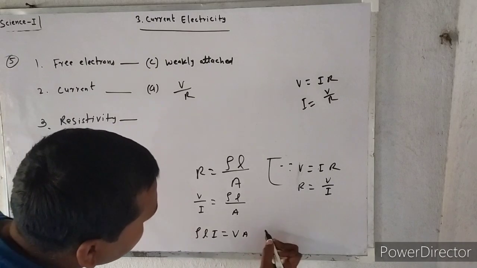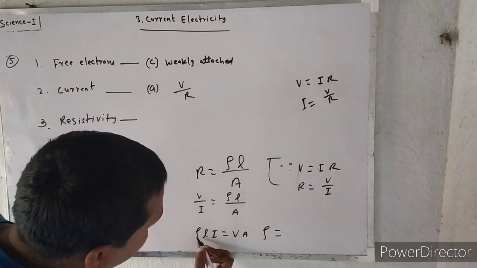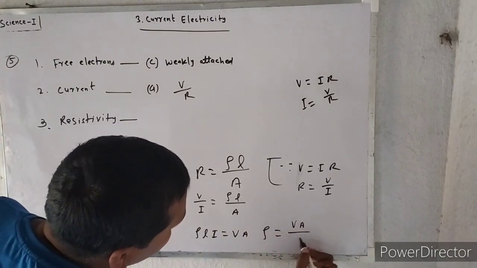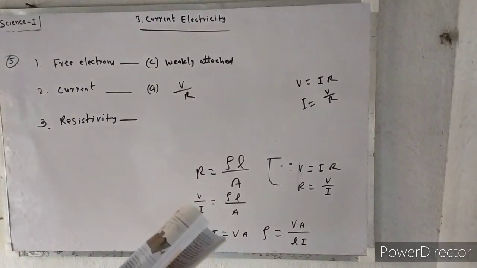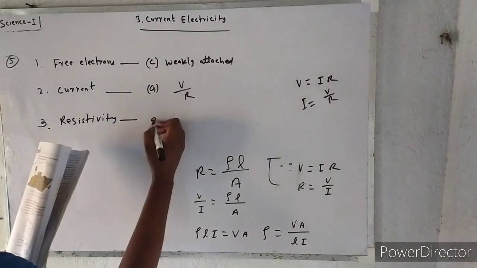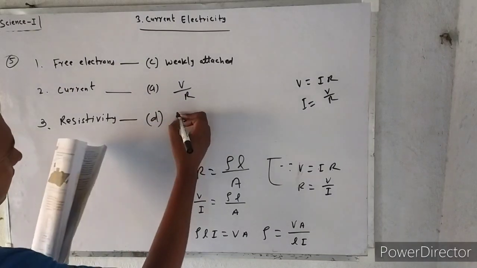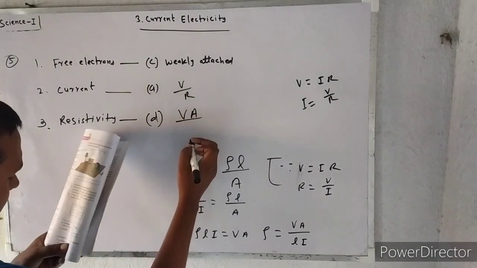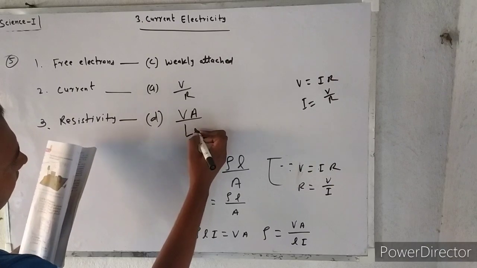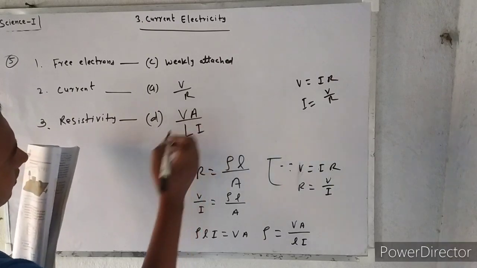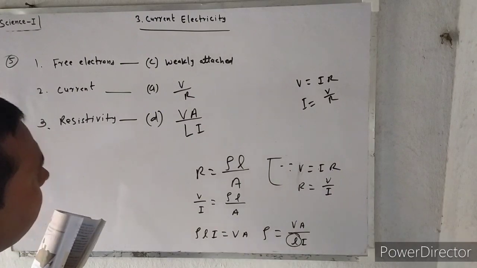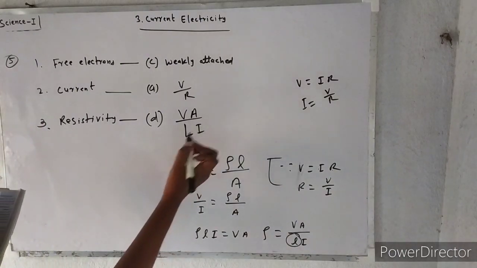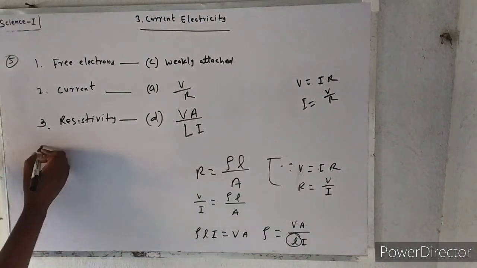So from here rho will be equal to VA upon L I. That is option number D. Here capital L is given and I is given. I have taken small l, so it doesn't matter.